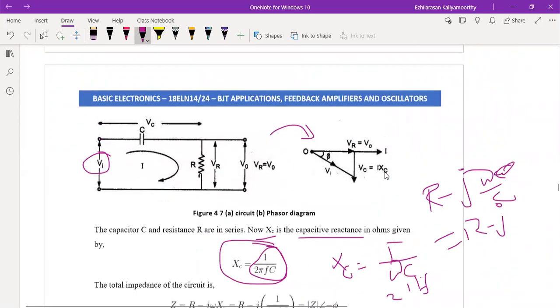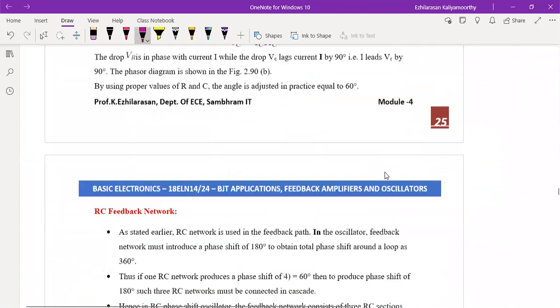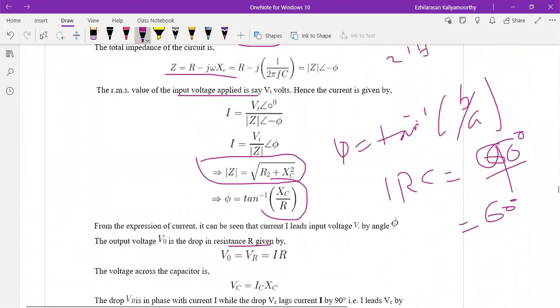In the feedback circuit, the amplifier gives a 180 degree phase shift, and the feedback circuit must also give 180 degrees, so that we get 360 degrees. If one RC circuit gives 90 degrees, I can add one more RC circuit: 90 plus 90 is 180.